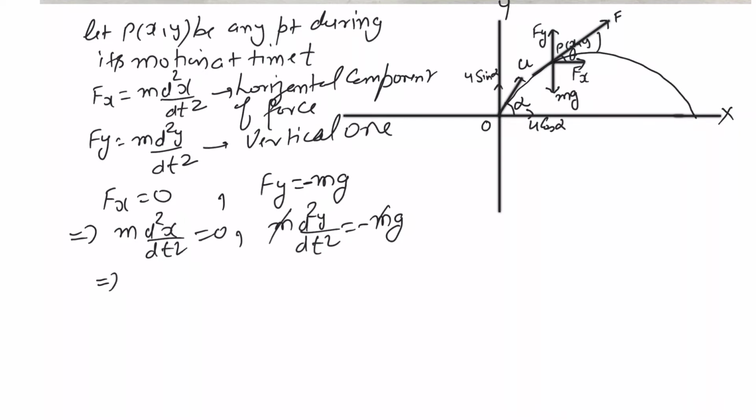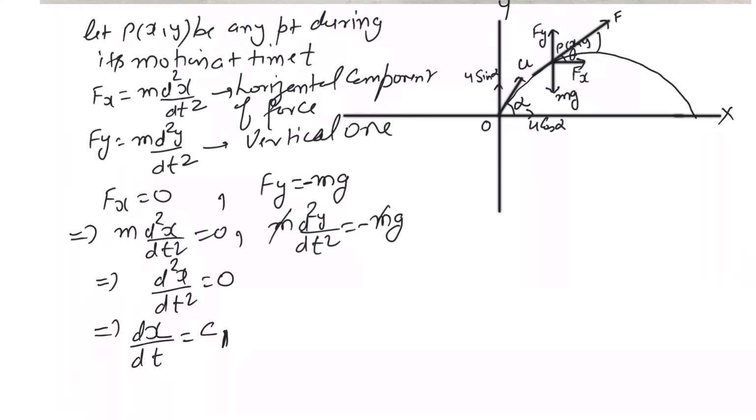This implies that d²x/dt² is equal to 0, which implies dx/dt is equal to some constant c1.